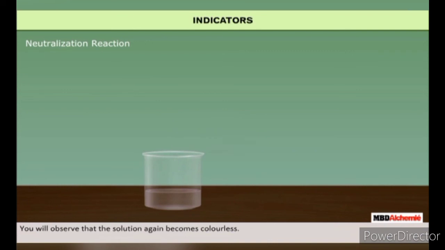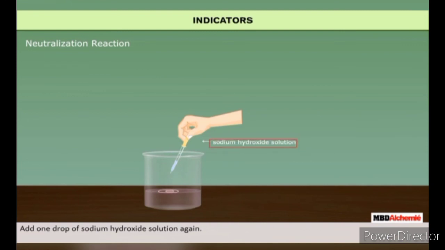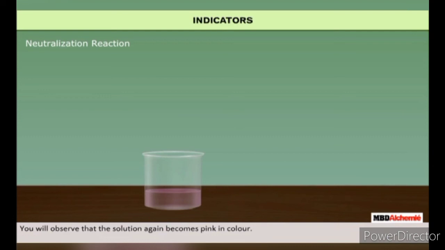You will observe that the solution again becomes colorless. Add 1 drop of sodium hydroxide solution again. You will observe that the solution again becomes pink in color. This activity shows that when the solution is basic, phenolphthalein gives a pink color. On the other hand, when the solution is acidic, it remains colorless.